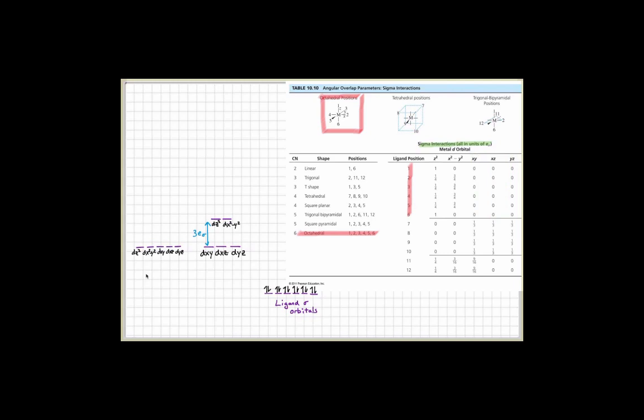Now, to calculate the degree of stabilization of the ligand orbitals, here we go across the table. So for instance, at ligand position 1, that ligand orbital will be stabilized by the dz squared by 1 unit, and by the other orbitals not at all, okay, 0. So 0 overlap of that particular position with those other orbitals.